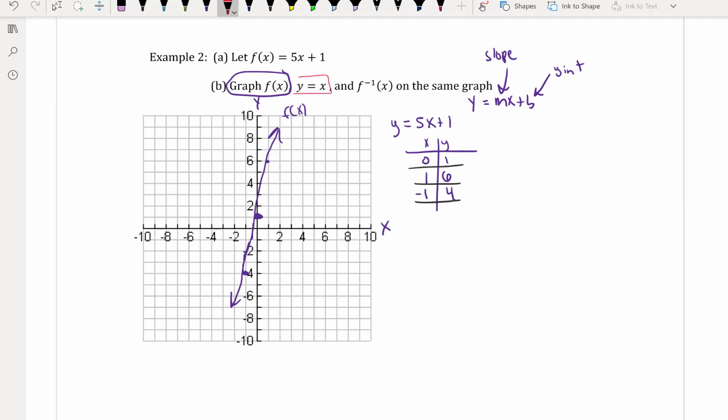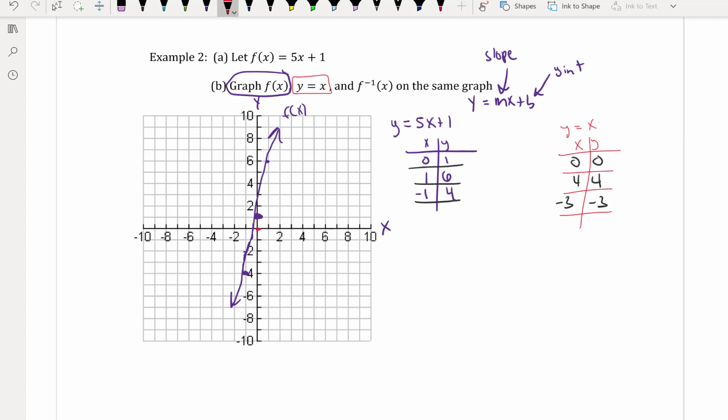Now it says to draw my y equal to x. So if I have my y is equal to x, well, if I just use some points here, that means whatever x is, y is. So 0, 0 is a good point, 4, 4 is a good point, -3, -3 is a good point. So I'm going to go ahead and draw those points.